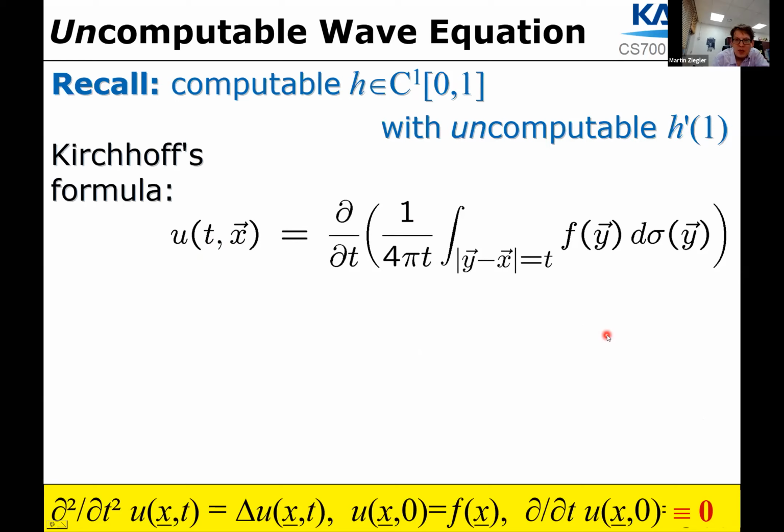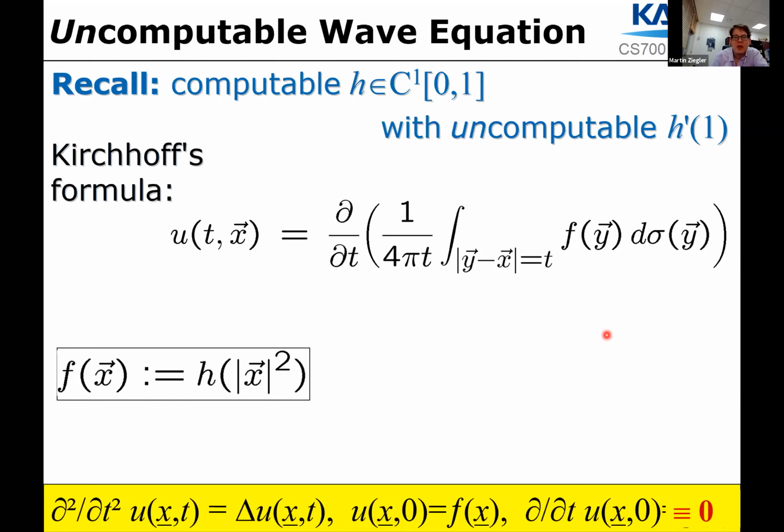So what do we use now for this admittedly artificial, but still valid counterexample, for the initial condition f? We use basically this very counterexample of Myhill, only we take the length of the given spatial argument. Remember, the solution function u has several spatial arguments, a vector, and we take the Euclidean length of that vector squared.